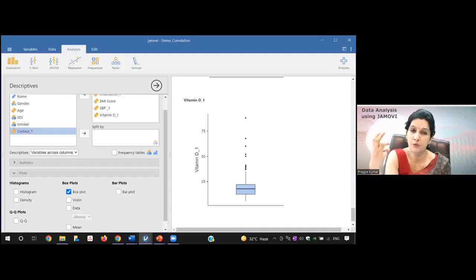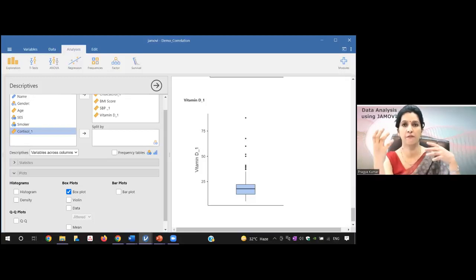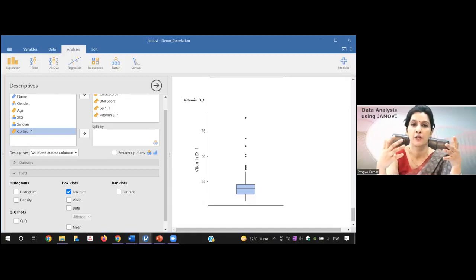We discussed that there could be three reasons for an outlier. It could be a data entry error, it could be a measurement error, or it could be a genuinely high or low value. So if even after removing the outlier the data analysis does not have any significant change, in that case it's better to include the outlier and run the analysis.